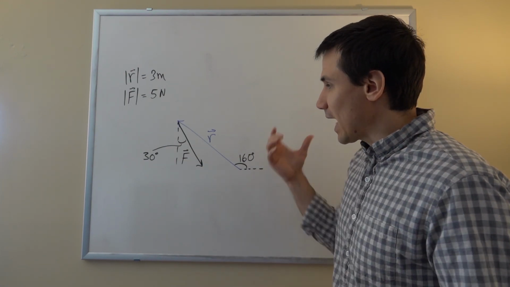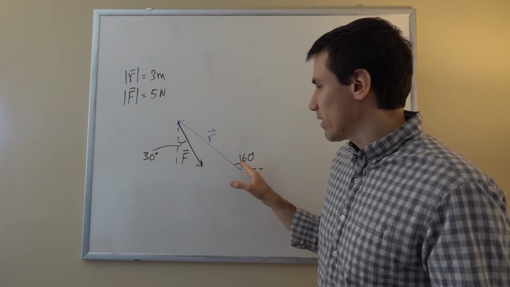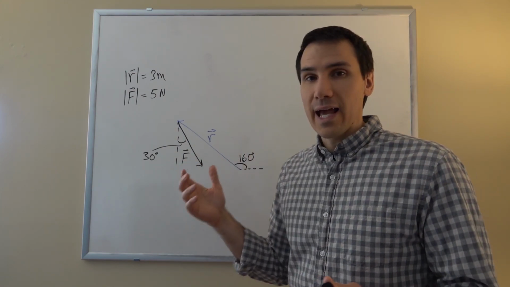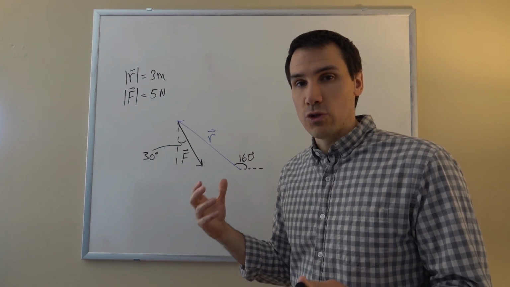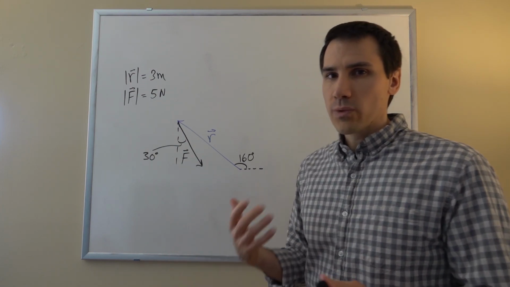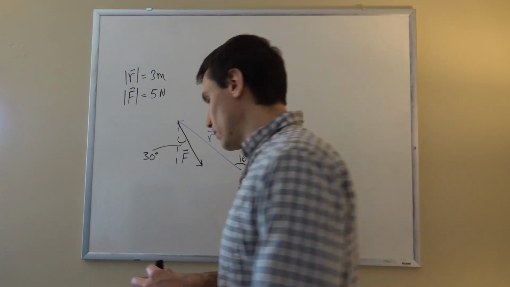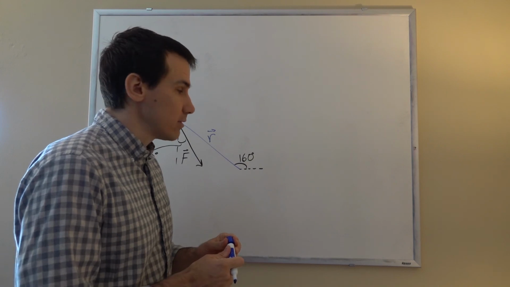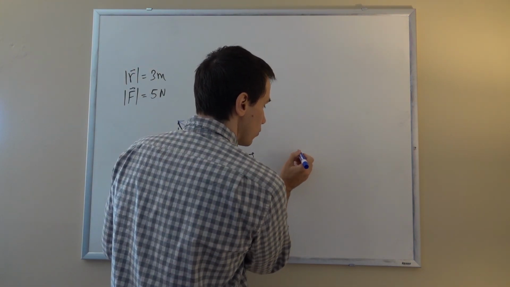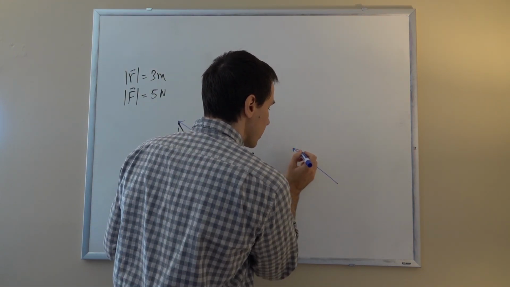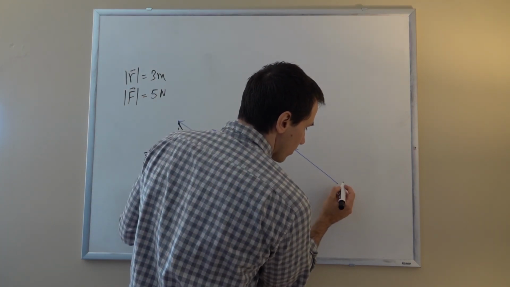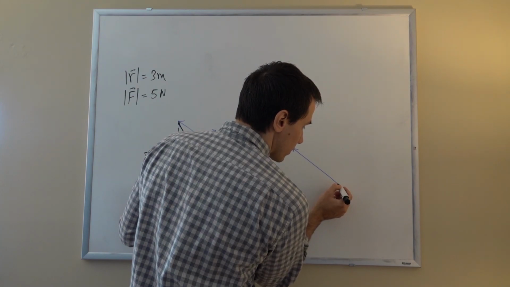I have given you the angle of these two vectors relative to different axes, but not the angle of these two vectors relative to each other. So we're going to use the exact same technique that we've used before in finding the angle between vectors. Namely, we are going to draw both of the vectors emanating from the same starting point.